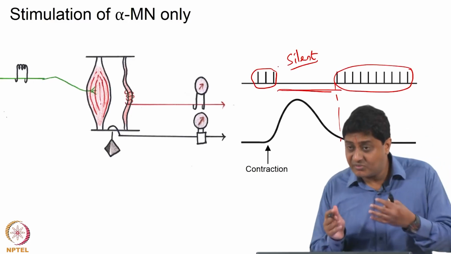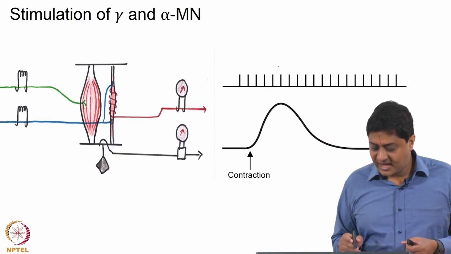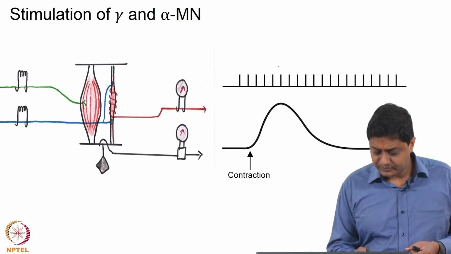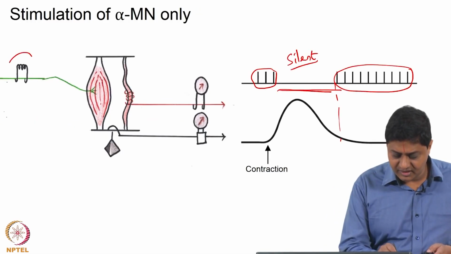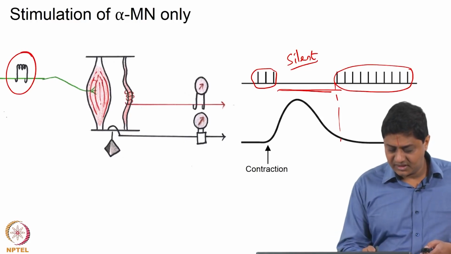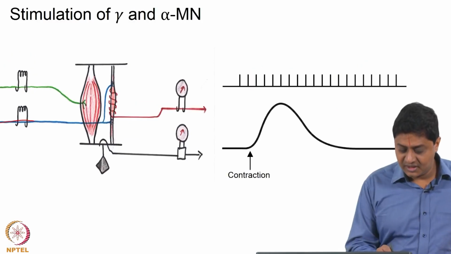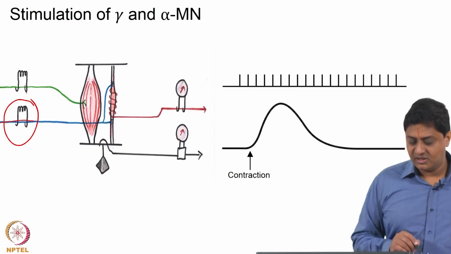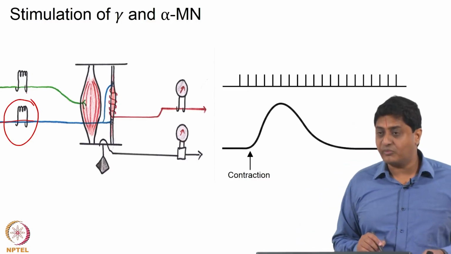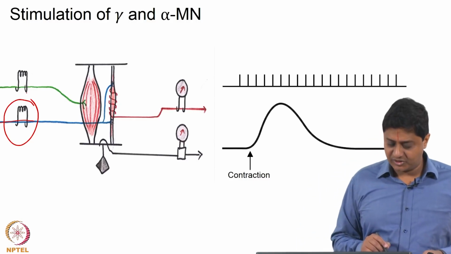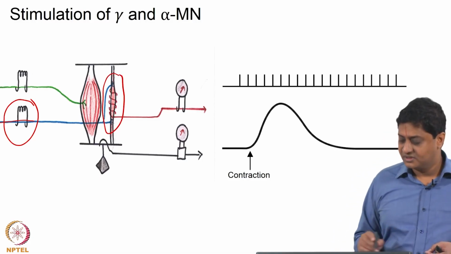If I want to still measure length, what should I do? I could activate both the alpha motor neuron and the gamma motor neuron. Earlier you see only the alpha motor neuron activating the extrafusal fibers. Here there is simultaneous stimulation of both the alpha motor neuron and the gamma motor neuron, both the extrafusal fibers and the intrafusal fibers.